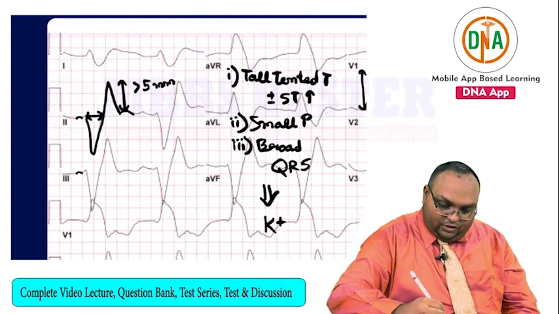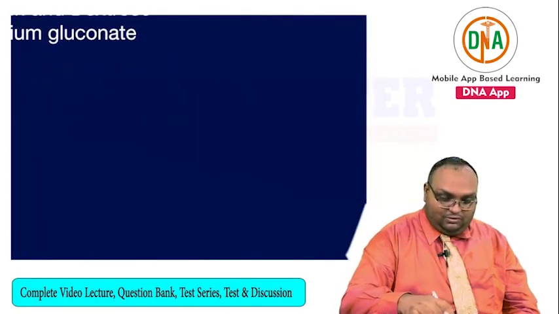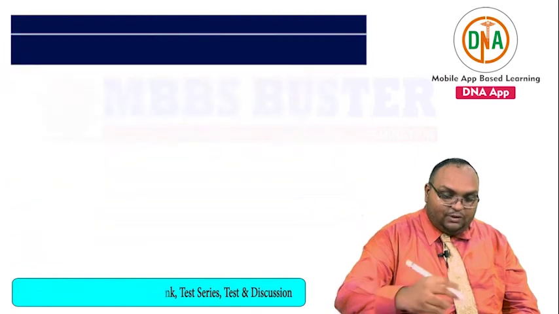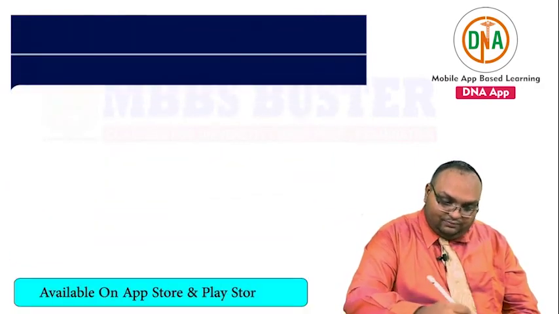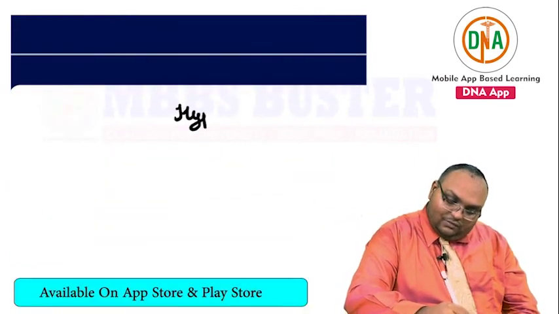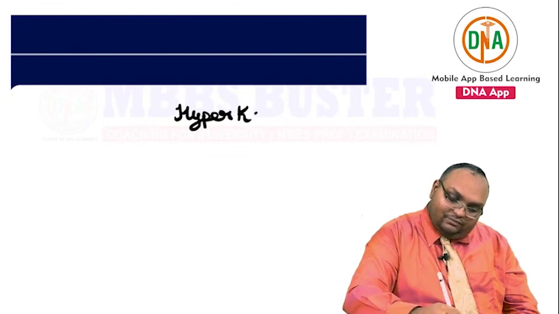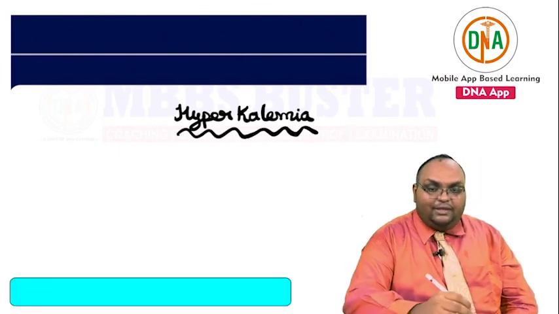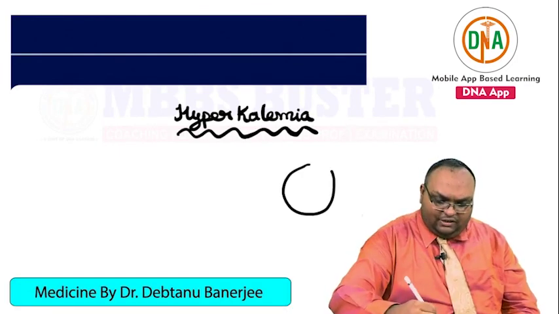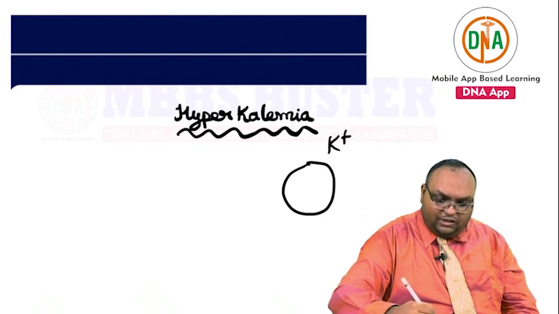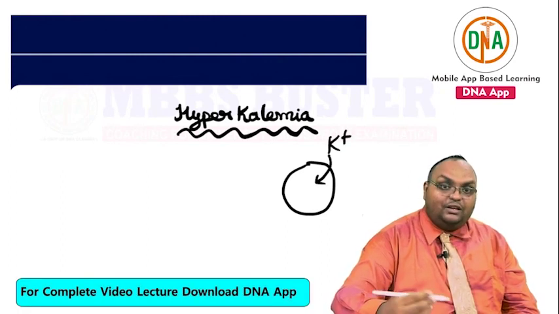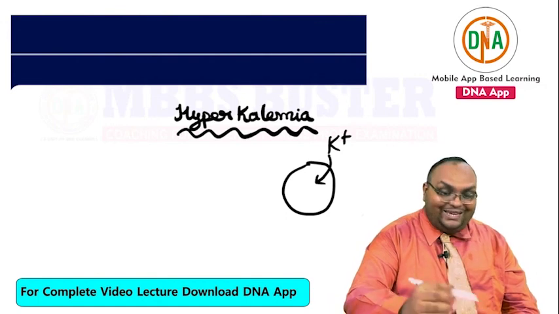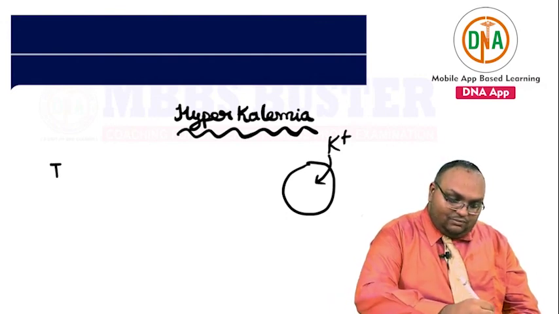And so our next point of interest becomes to discuss the treatment modalities of hyperkalemia. How do we treat hyperkalemia? Yes, if this is a cell and if you have potassium outside, one molecule which will help you drive potassium back into the cell would be, yes, insulin.